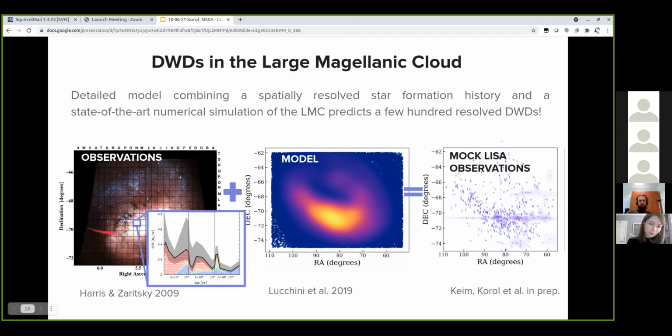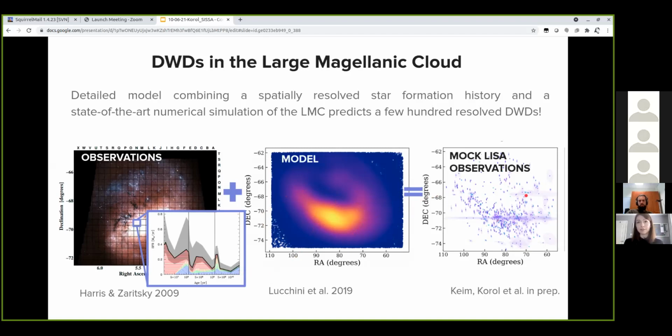Here you see the image, and each of the pixels in this image has its own reconstructed star formation history. And as it's plane projected, we wanted to give it a third dimension. So we combine these actual optical observations with the numerical simulation that you can see in the middle. And on the right, you see the result.